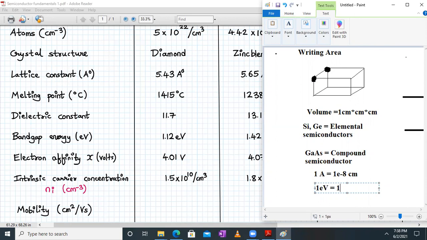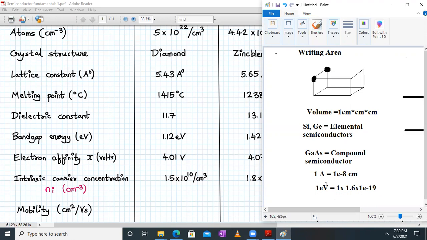1 electron volt means 1.6 into 10 raised to minus 19, so I can write 1.6 e minus 19. This is the energy, the amount of energy.